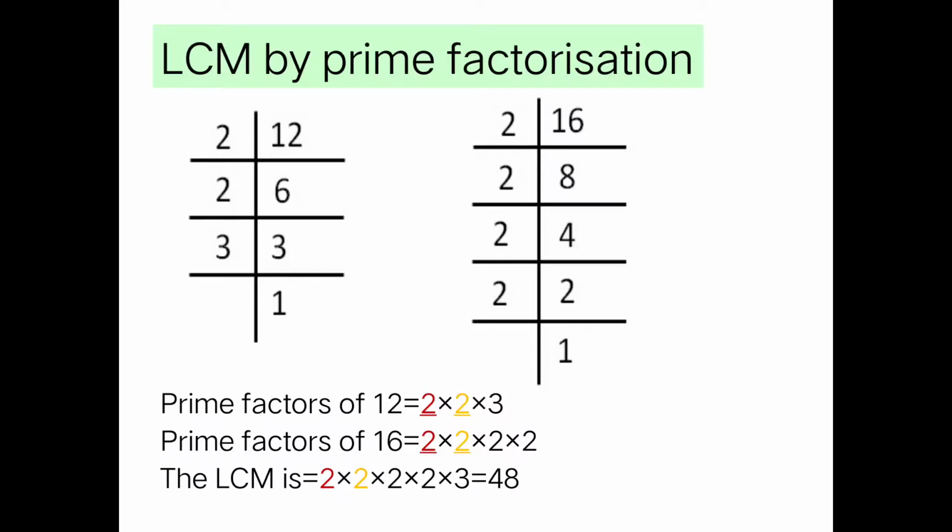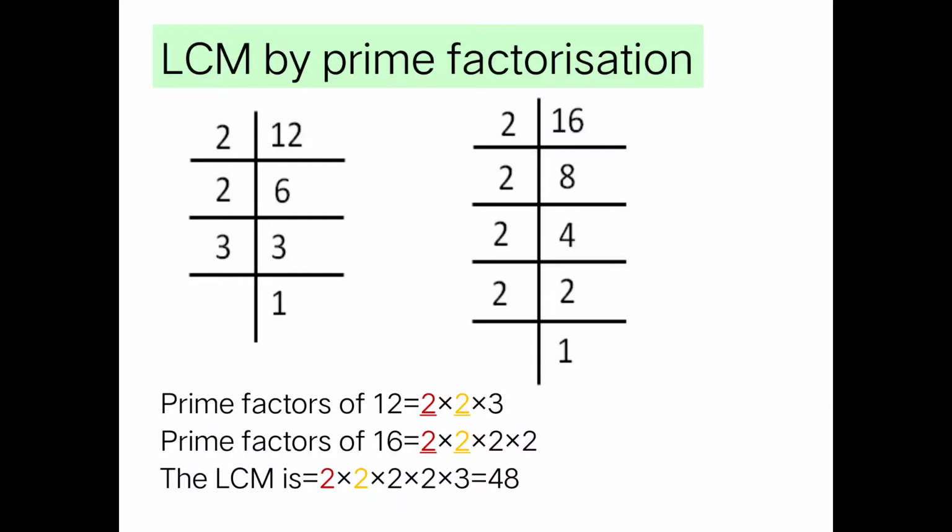Now we are going to find the LCM, which is the least common multiple. First we write the prime factors of 12. The prime numbers we received are 2 into 2 into 3. Then the prime factors of 16: we received 2 into 2 into 2 into 2. Then we have to compare both the factors.